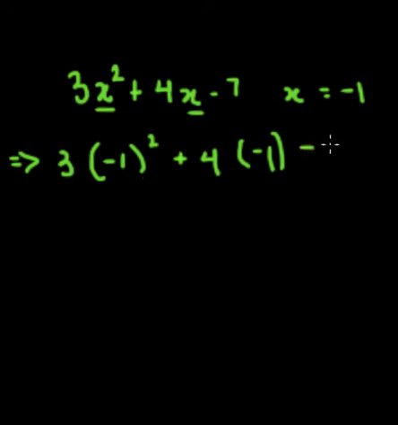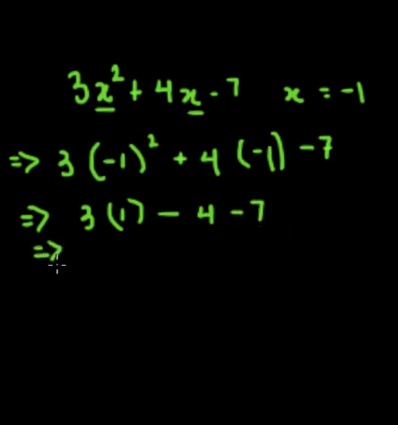It makes it easier and helps you avoid making a lot of mistakes while evaluating the function. So that will give you 3 times 1 minus 4, because a negative times a positive gives you a negative, minus 7. So then you have 3 minus 4 minus 7.